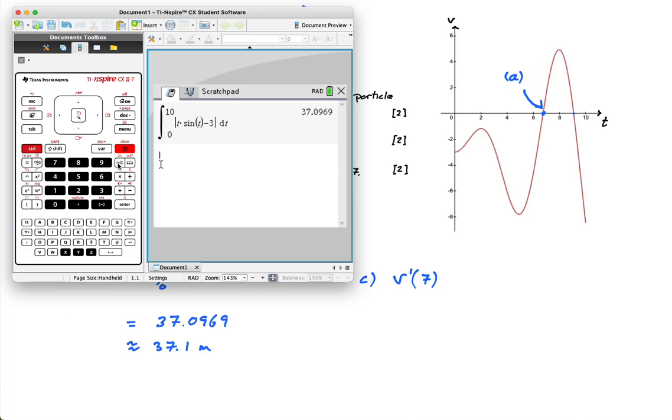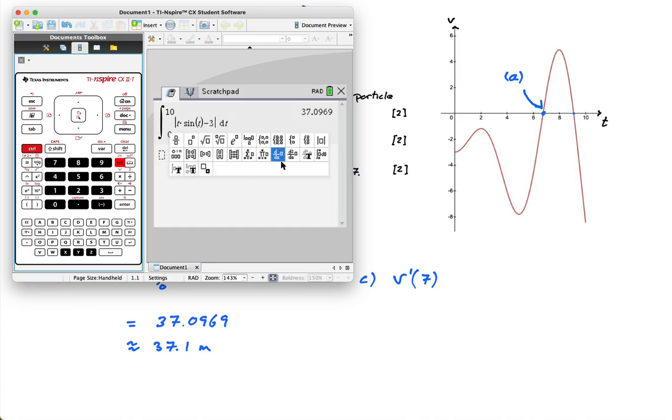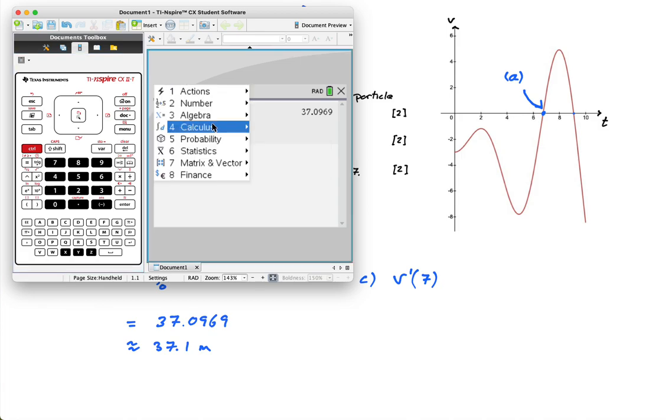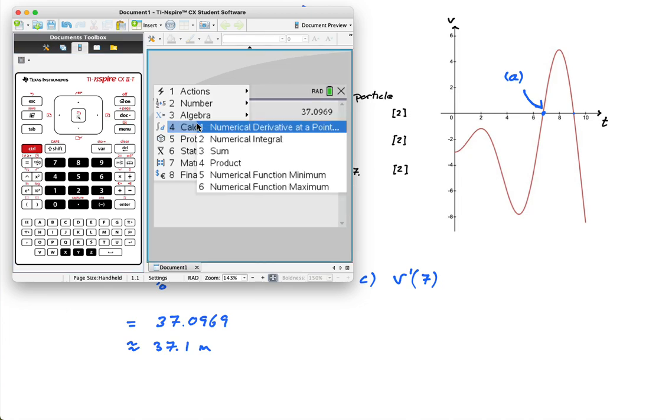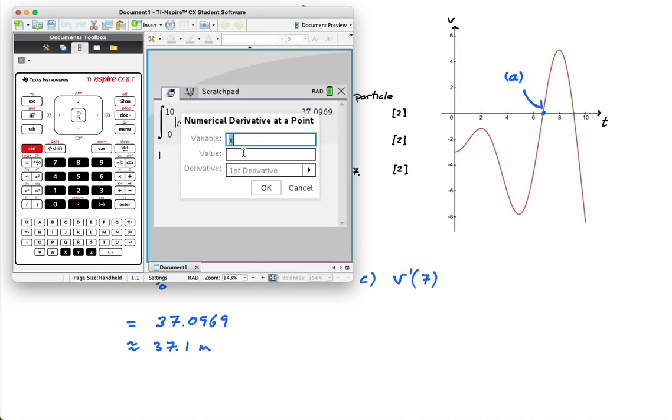I need the derivative at a point, and actually I don't see it here. I thought it was there. Anyway, it's not there. I can just find it here. Menu, calculus, numerical derivative at a point here.